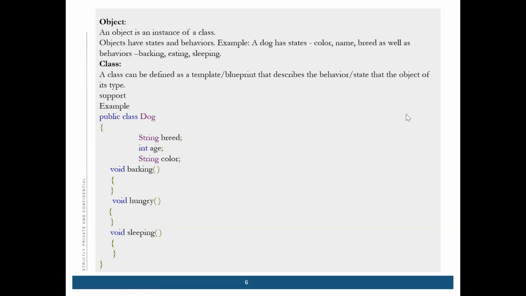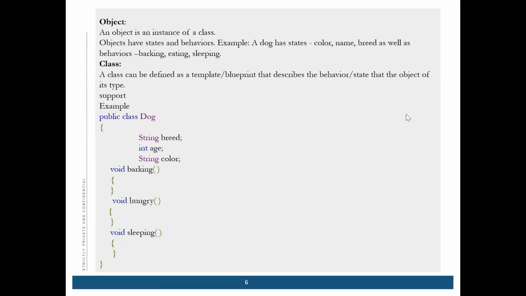An object can have many states and many behaviors. How do we define those behaviors? By creating methods and variables. That's how we differentiate the different objects. Okay, so now class. Go ahead with class.